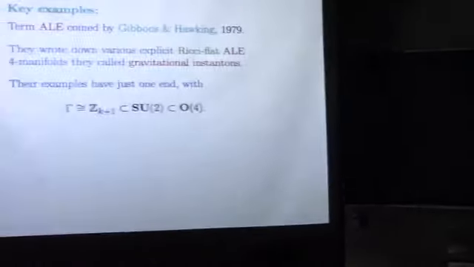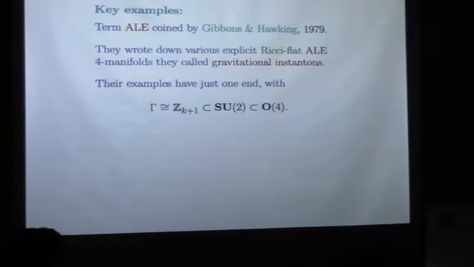So in their examples, there's only one end. A Ricci-flat manifold turns out could only have one end by something called the splitting theorem, the Cheeger-Gromoll splitting theorem that originated at Stony Brook. So there's only one end, and the fundamental group at infinity is a cyclic group, which sits, the usual way of thinking about it is, inside of SU(2) in O(4).